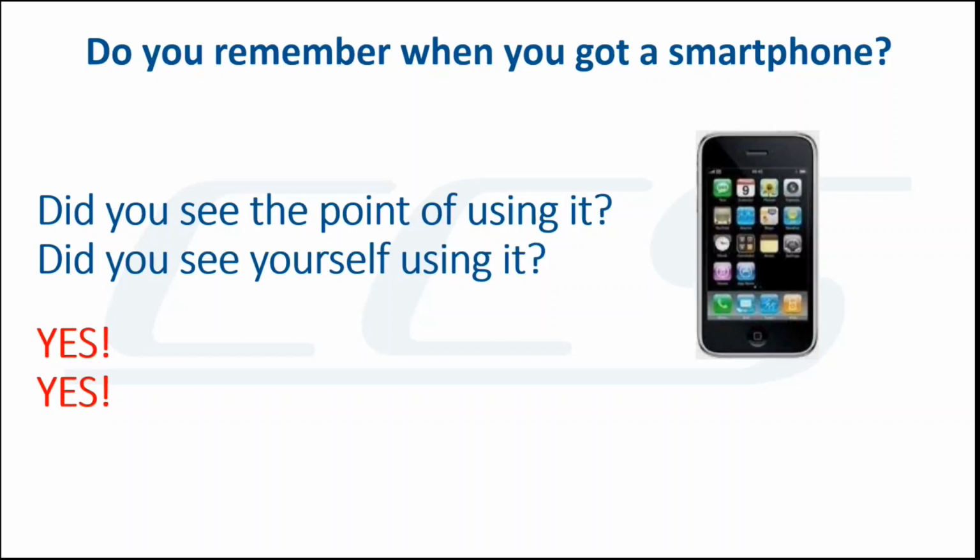I was like, how can you compete with mine? They simply told me, hey, you can just touch the screen. And that's that moment where my mind's blown and I'm like, oh, you can touch the screen. I can't do that on mine. The smartphone was easy to see the point of it and how to use it really quickly. So you want to be able to answer yes to these questions.